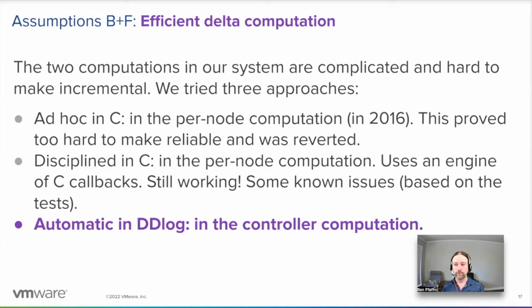The primary approach, though, I want to push is to use a language that automatically implements incremental computations. And we used one called DDlog. And I think that this approach shows a lot of promise. There's another talk in this workshop about a project called NERPA that uses DDlog.